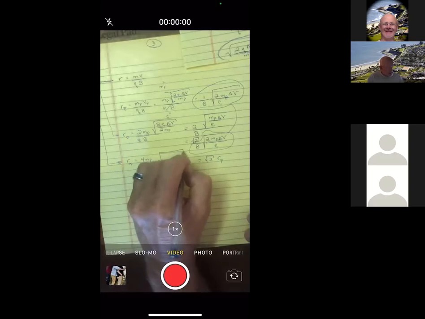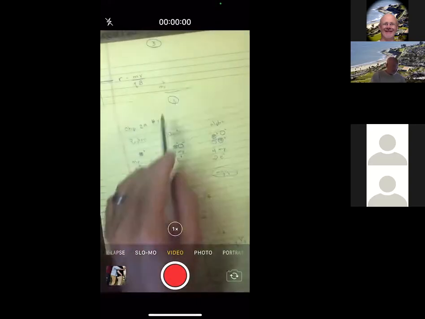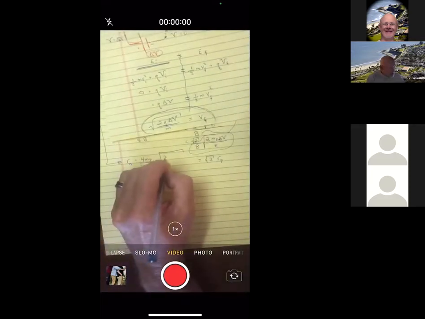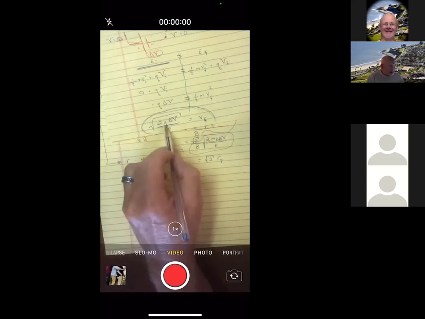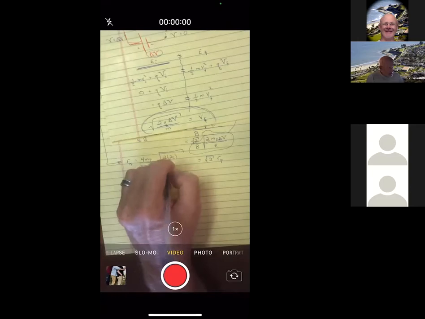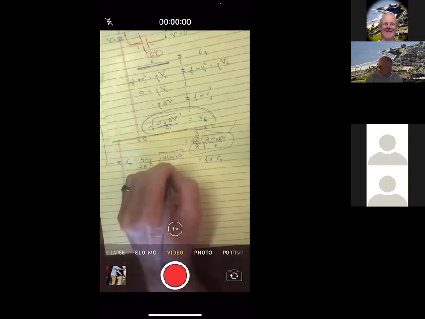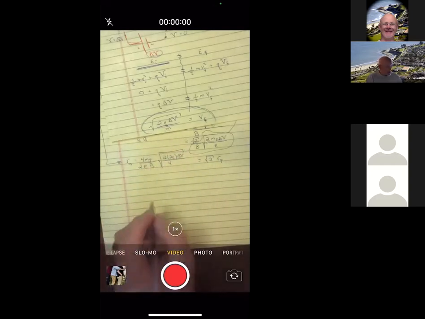Well, the velocity of the alpha particle, I'm coming back here to this page 1 again, okay, would be the square root of 2 times the charge, which is 2e for the alpha particle, the delta V, over the mass, which we said is 4 times the mass of the proton.